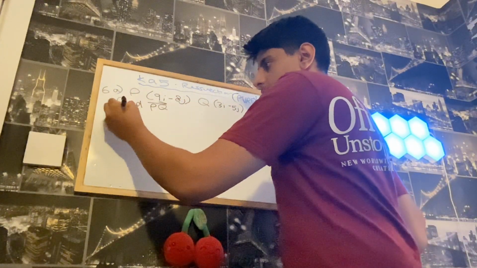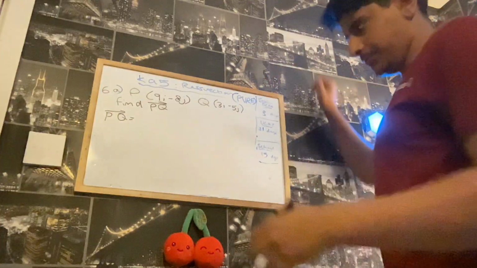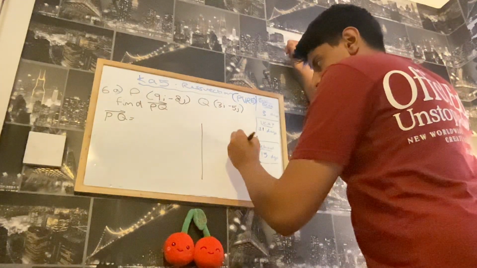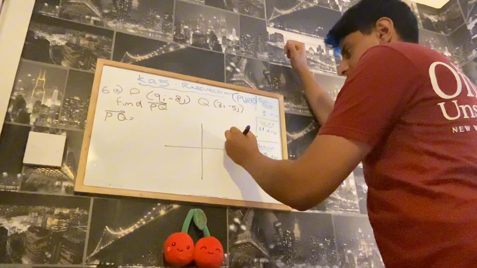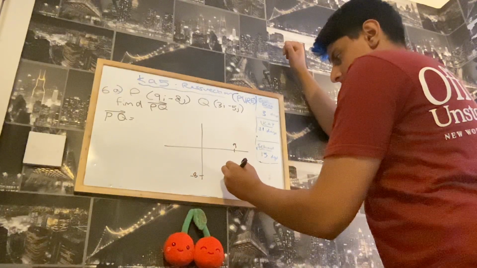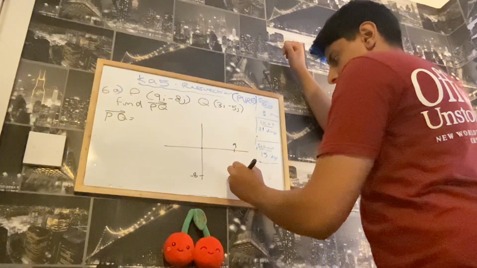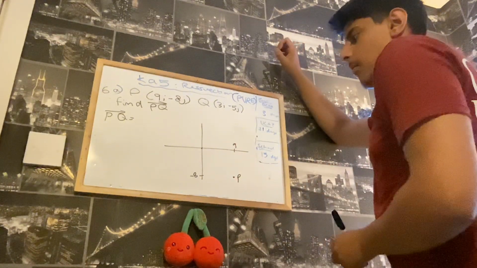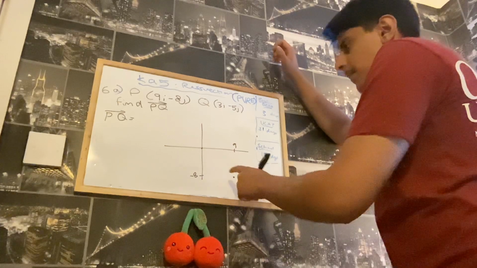P to Q. Now, I would say the best way to work it out is by plotting it in a graph. And we know that we go 9 over here and minus 8 over here. We get P being over here. Okay? From O. So we find it over here.